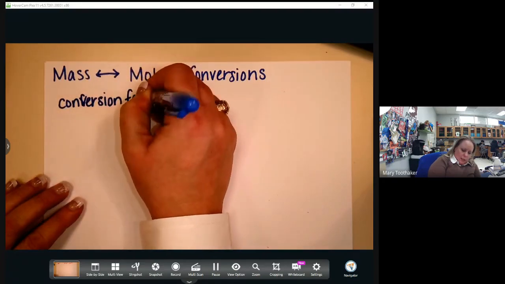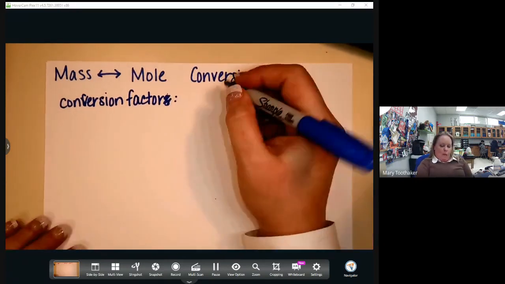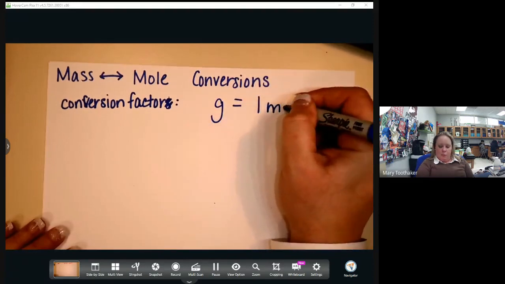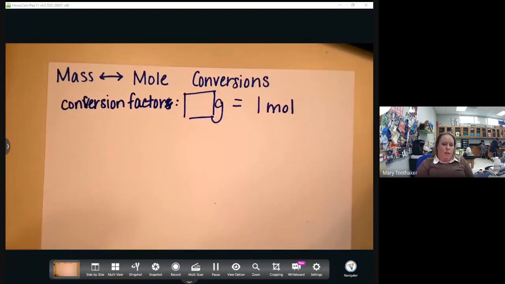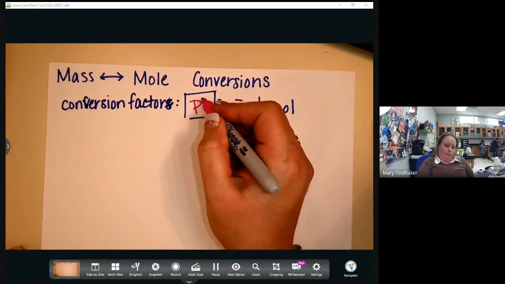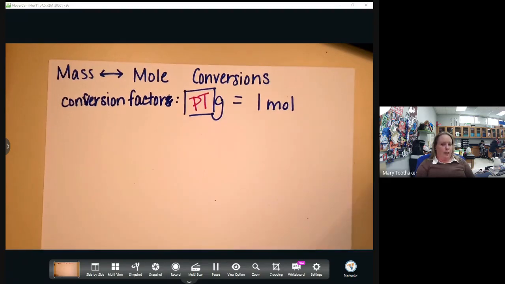We already talked about it today. The molar mass. We've got grams per 1 mole. Where do I find the number that goes next to the G? On the periodic table. Yes, you're going to find the information that goes here on the periodic table.